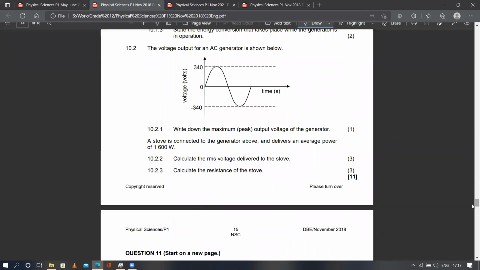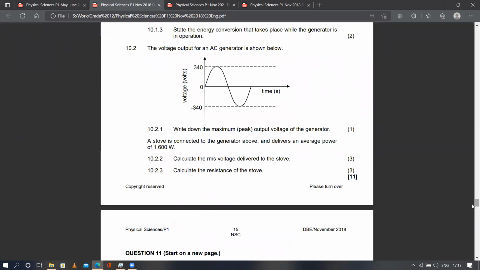That's an easy concept. Now when it comes to generators and motors, they're usually gonna give you this graph. This graph is for an alternating current generator. As you can see, the voltage goes into the negative to show that the voltage is alternating as time goes on.